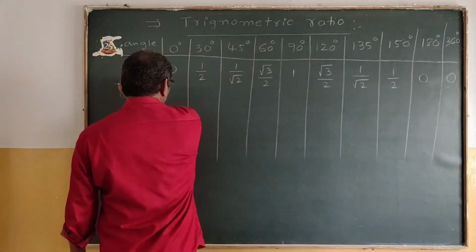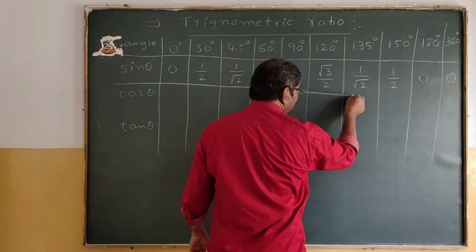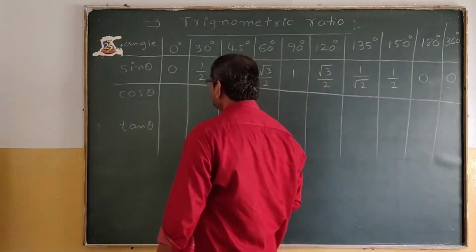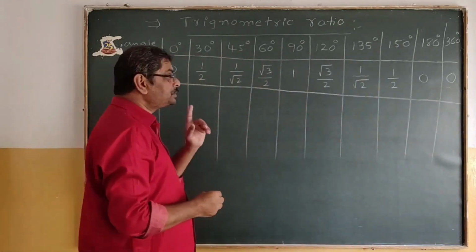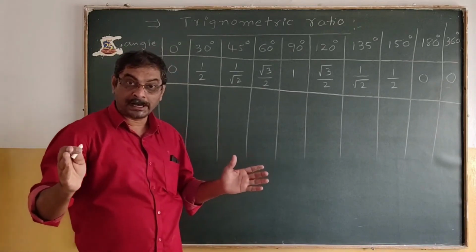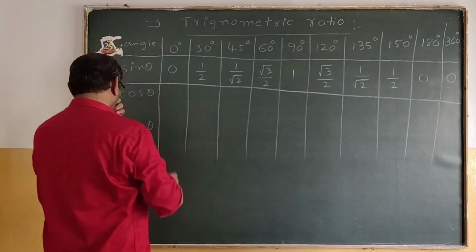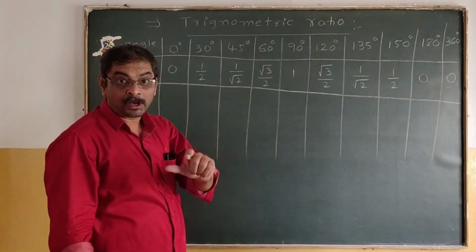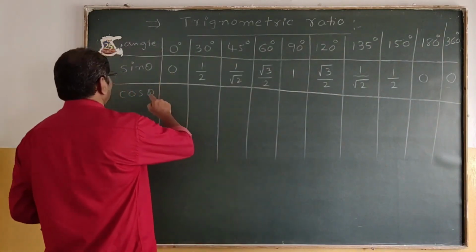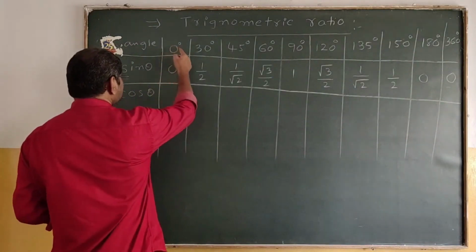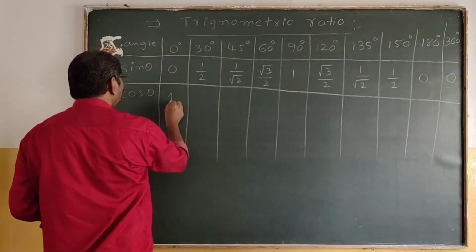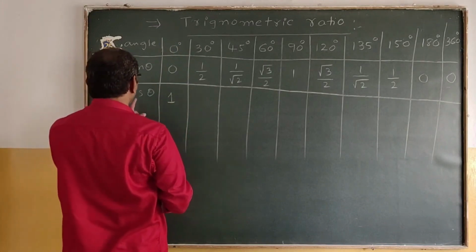So remember, those will be the values of sin for the different angles. Similarly, let us see what are the values of cos theta. Cos 0 degree will be numerically equal to 1.